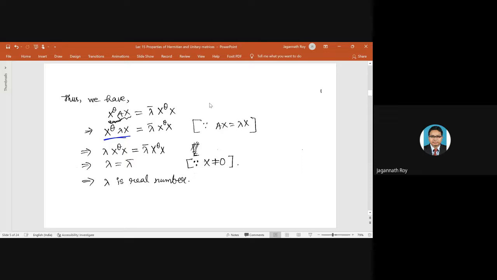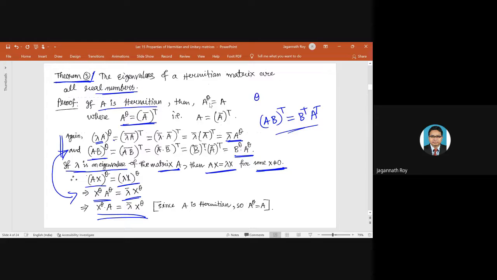Now, since x is non-zero, we can cancel this term. So lambda equals lambda bar, which implies lambda is a real number.